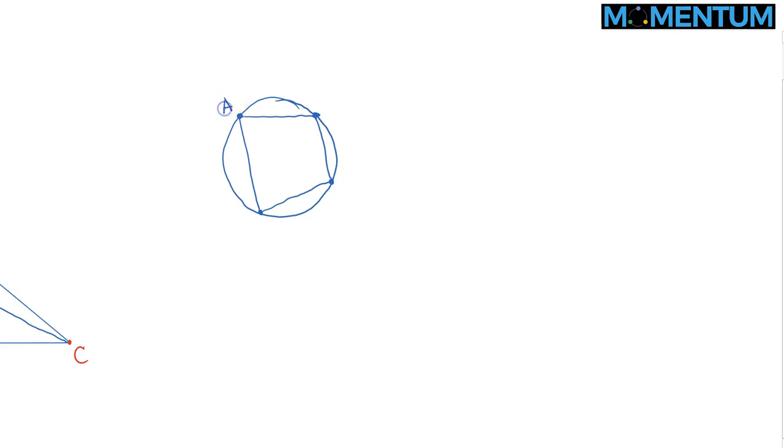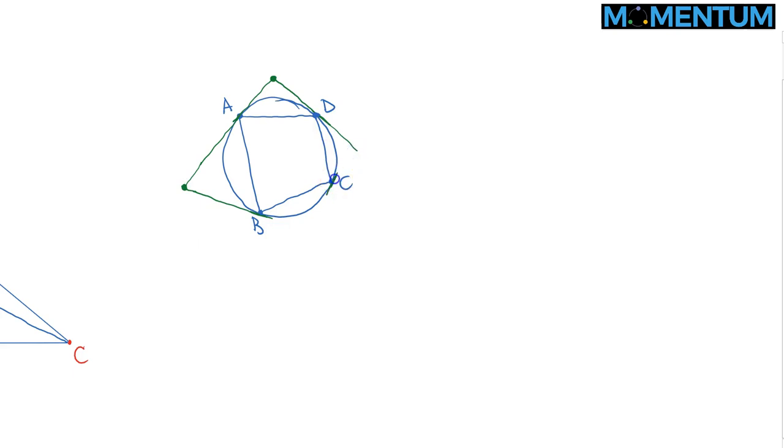Let's name it as A, B, C, D. And at this point, I go ahead and draw the tangents to these vertices. So the tangents are like that. Here is one intersection point. I draw another tangent here, and they will probably intersect right here, and one more.